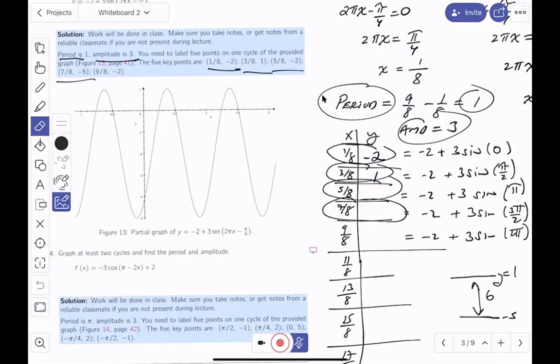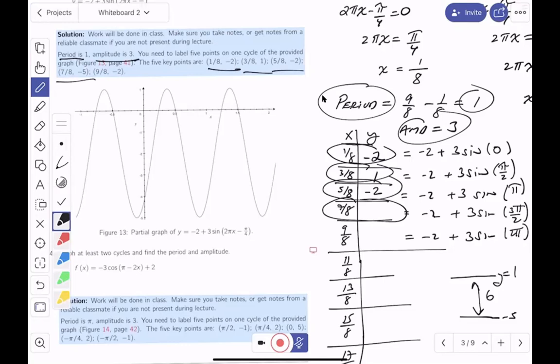And so I plugged in, let's see, 3/8. I got the 1. And the 5/8, I made a mistake over there. And the sine of pi is 0. And I put down minus, okay, I see it now. All right. And sine of 3 pi over 2, I'm at 7/8 now, right?